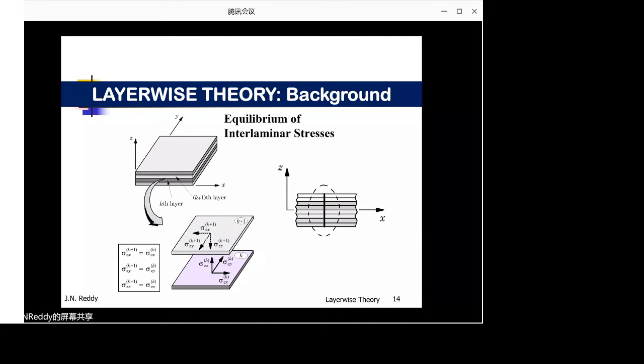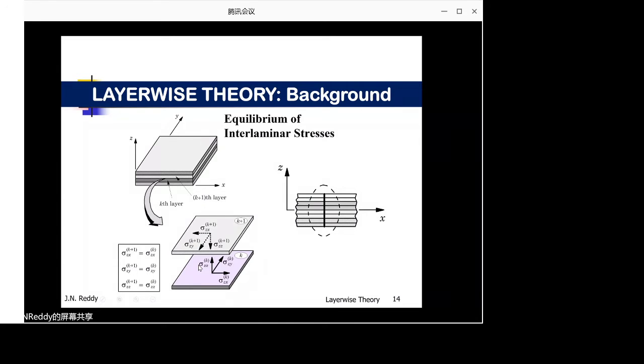No matter how higher order you go, you're still assuming that the strains are going to be continuous. Whereas the stresses we know are discontinuous, especially sigma xx, sigma yy in each fiber. But what we need is the continuity or balance of the interlaminar stresses.